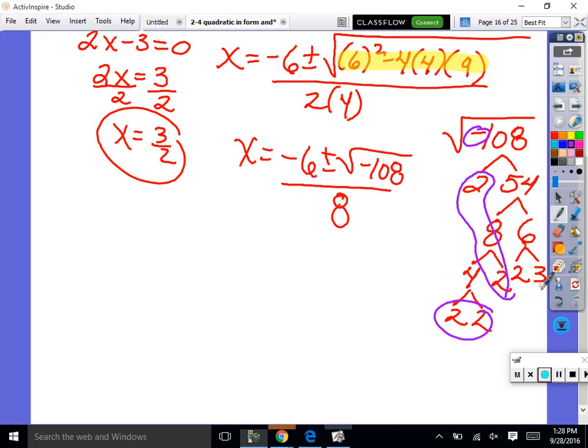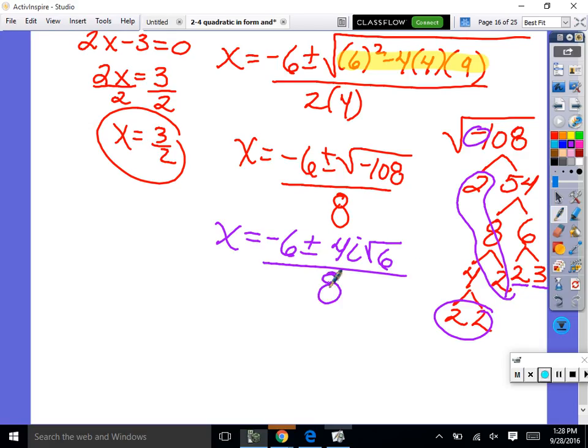Left is a 3 and a 2, correct? Okay, so we have x is equal to -6 plus or minus, pulling out 4i square roots of 6. Which problem is this again? Okay, perfect. And that's all over 8.